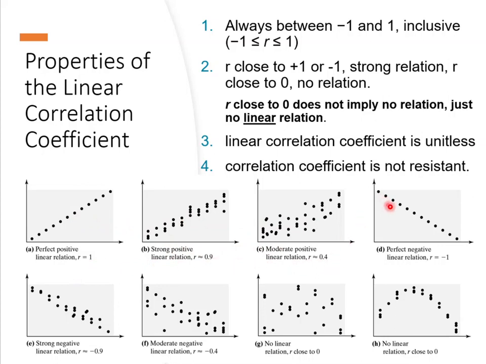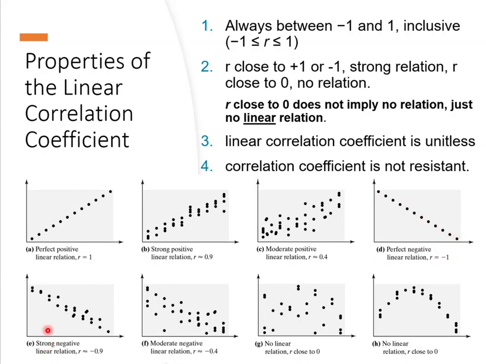Now we turn to a negative relation. Notice that the r is -1, so we have this perfect straight line. And again, because the r value is negative, it is going to imply that we have a negative direction for our interpretation.